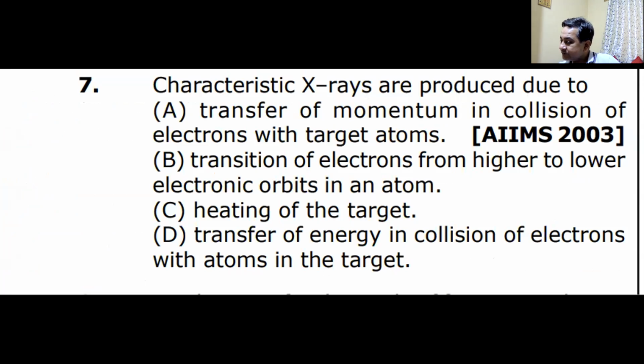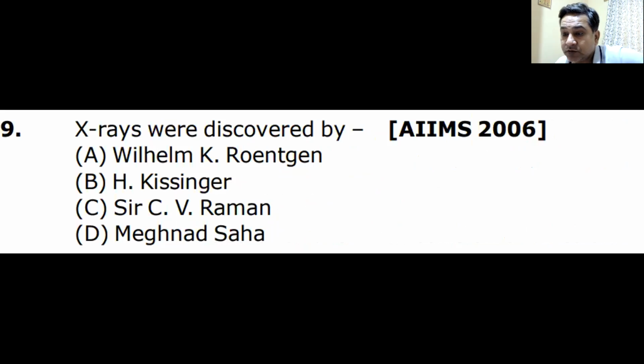Question number 7, sir. B, sir. Right, sir? We all agree on this, sir? Or shall I explain it, sir? Explain, sir. We know this, sir, na? Yes, sir, but also explain. Okay. Chalo. Then we move on to the next question.